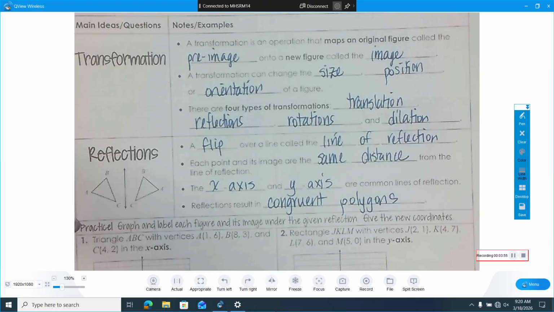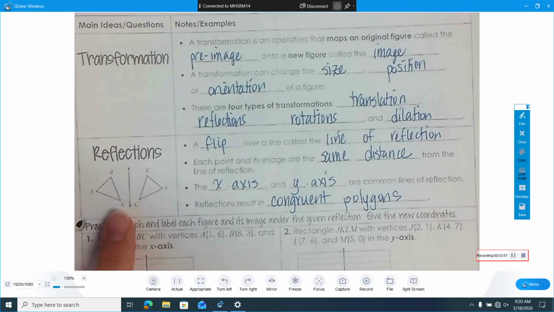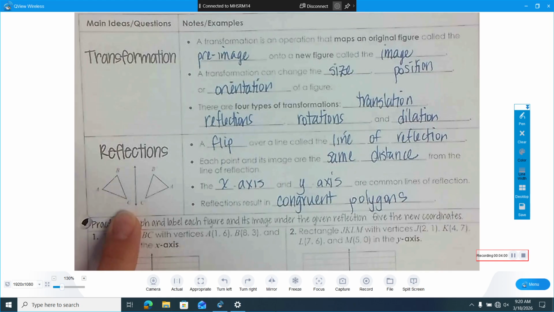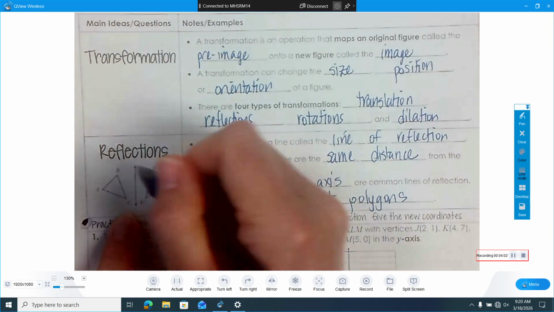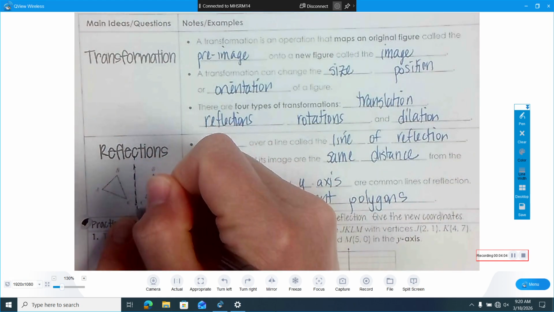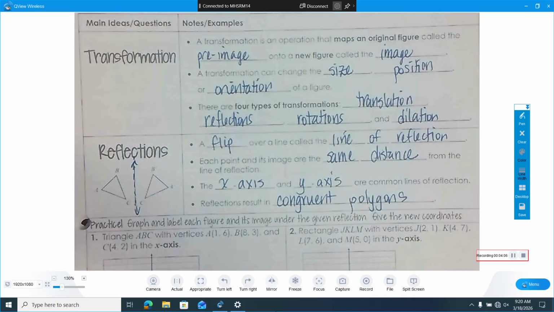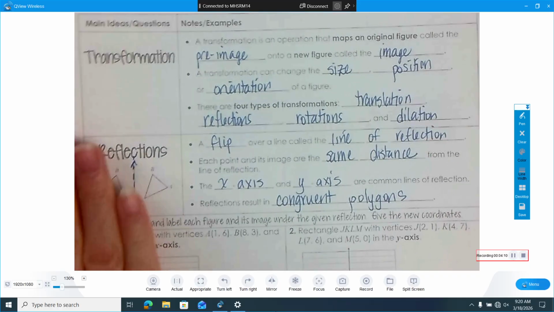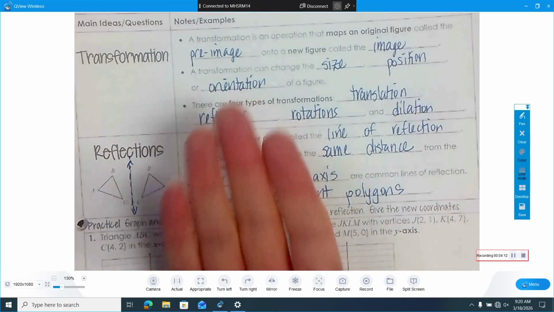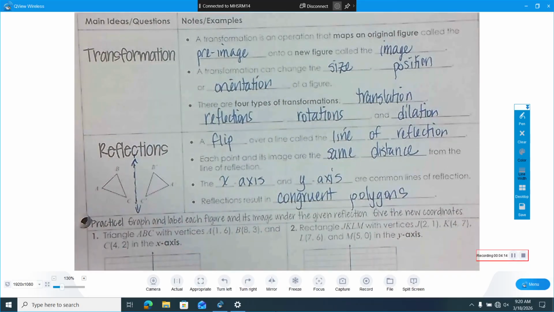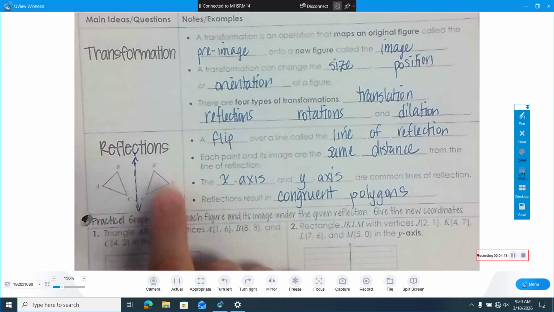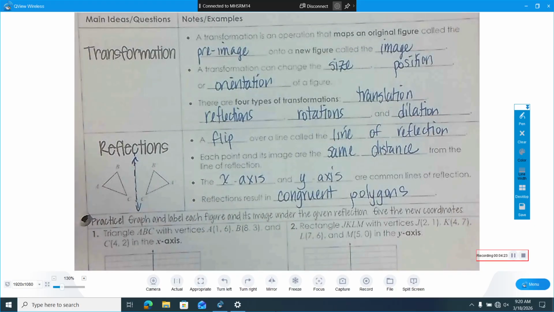That's it. And so what we're going to do, you can see here, this is sort of an example of what you're going to see. This line right here is the line of reflection, where we've taken a pre-image and reflected it over here to what is called the image. Okay, right there is our image.